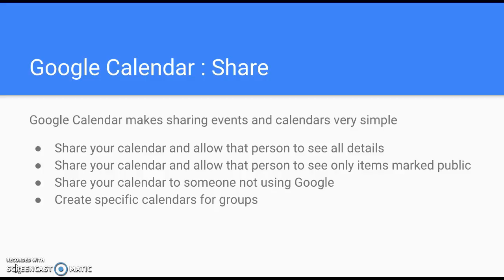You can also share calendars to someone that's not using the Google applications, which is very handy, as well as creating specific calendars for specific groups. When doing this, you also have the availability to mark certain things public versus private on who can see which details. Outlook Calendar also has the same availabilities.